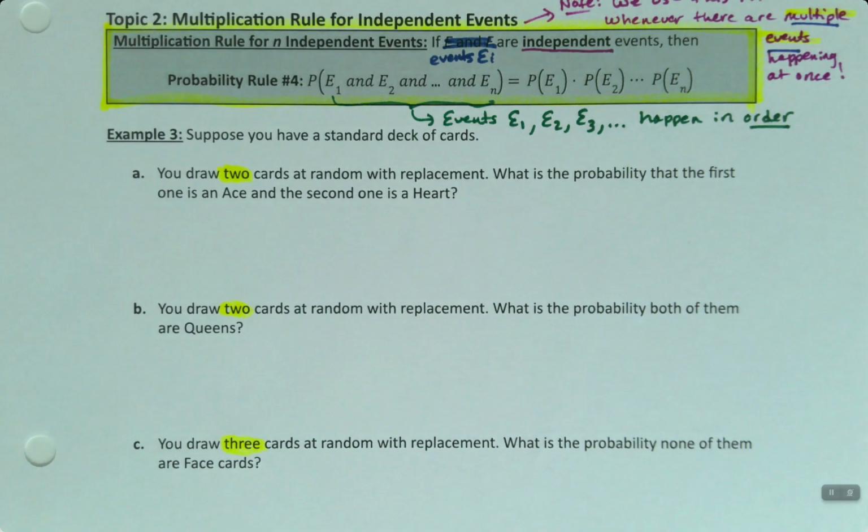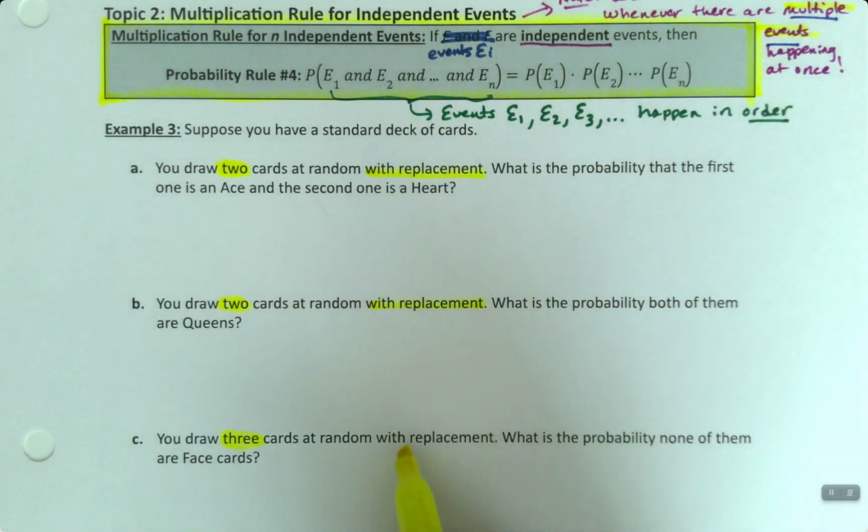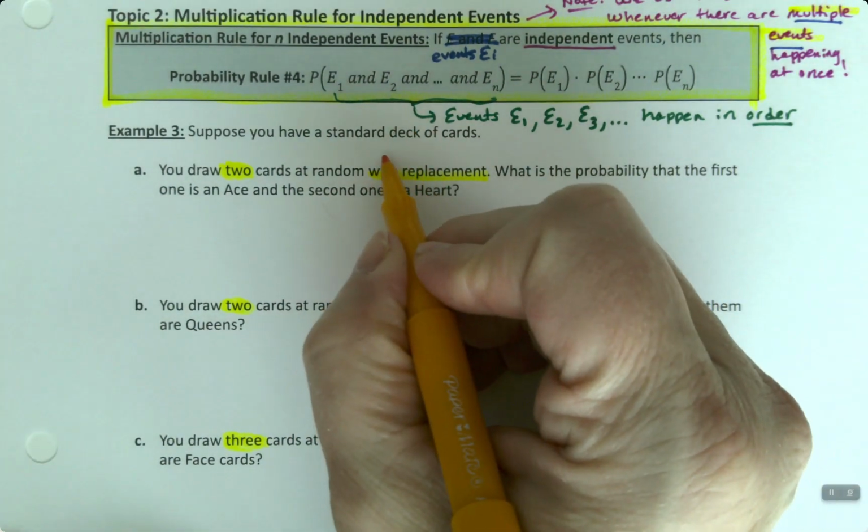All right, so once I see the 2, I know it's going to be the multiplication rule. And I also see that it's with replacement. All of these are with replacement because that's what lets them be independent. If they were not with replacement, that would not be independent, and that's actually a different section. That's section 5.4.